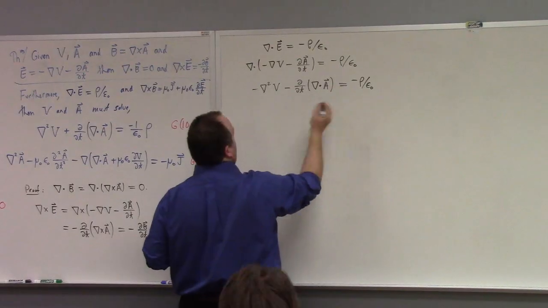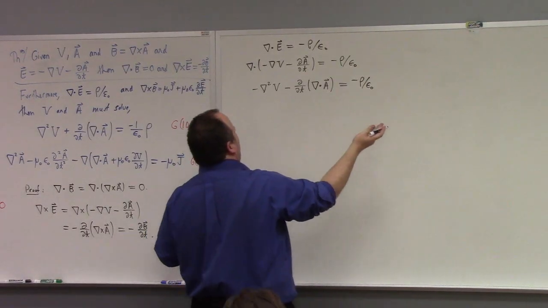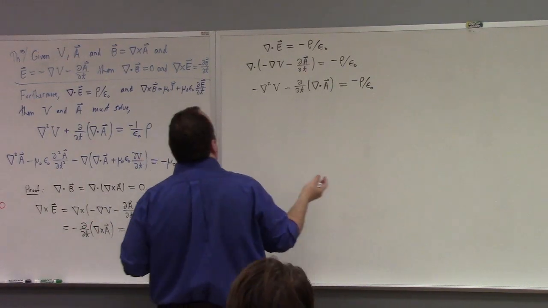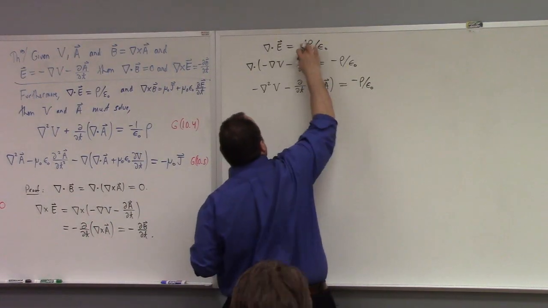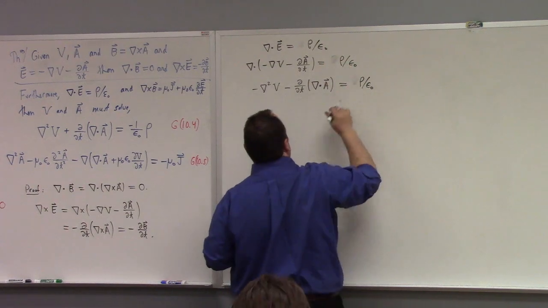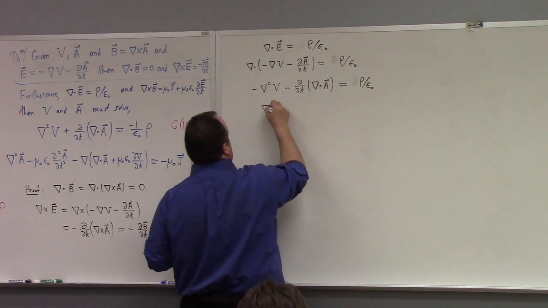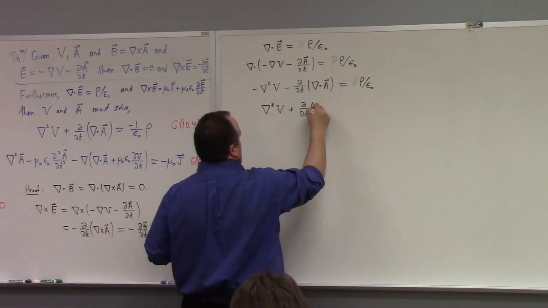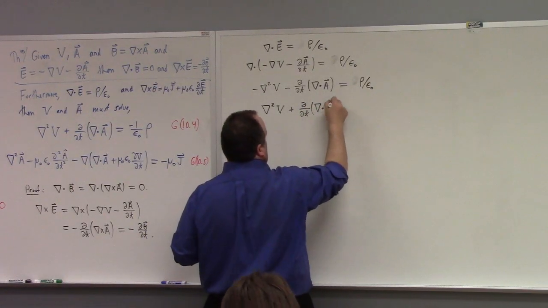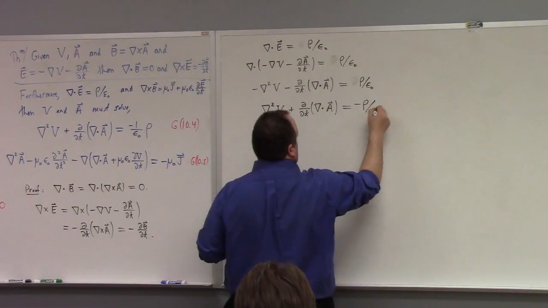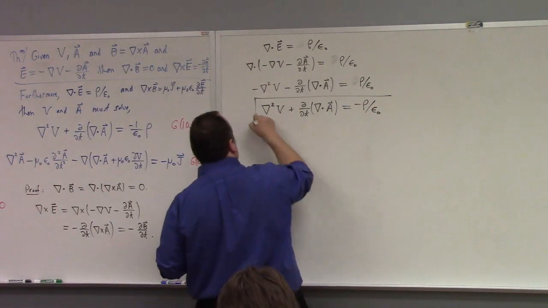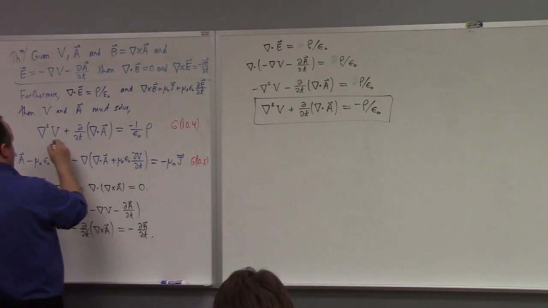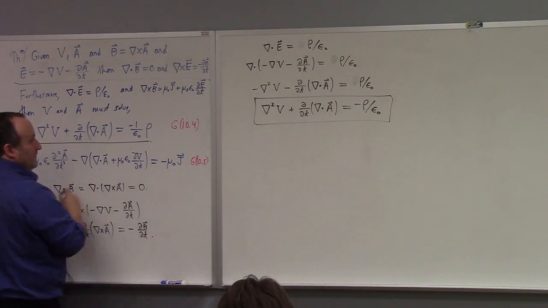Why do I have a minus on Gauss's law? What's wrong with me? Plus. All right, there. Yay. That was this guy, Griffiths 10.4.